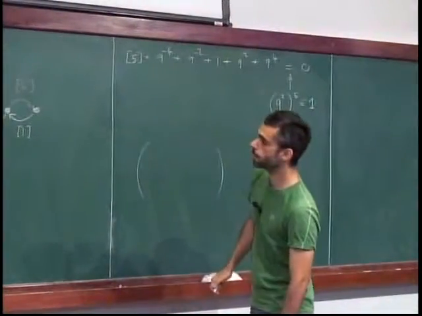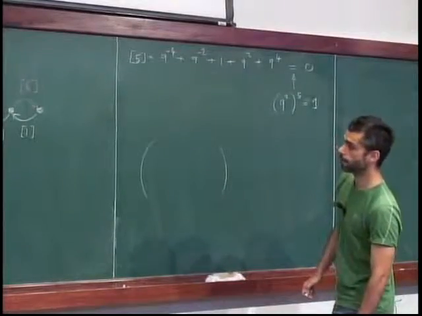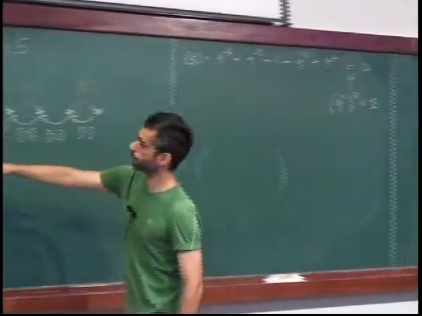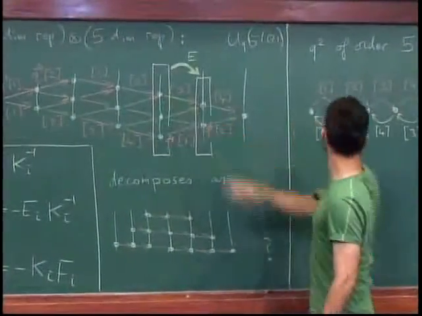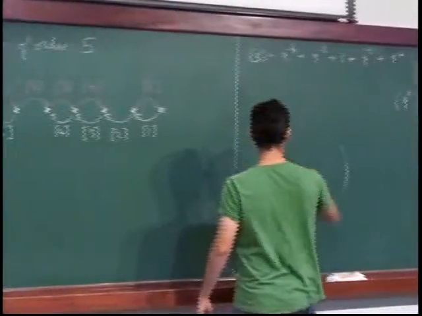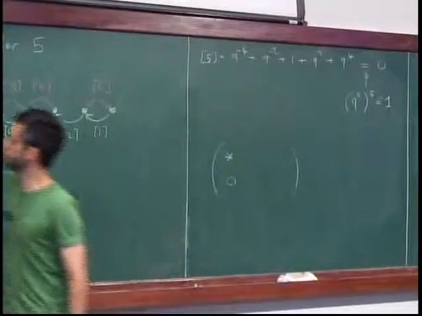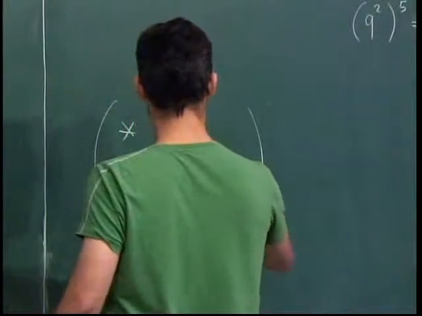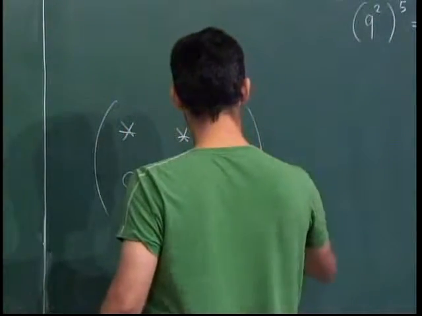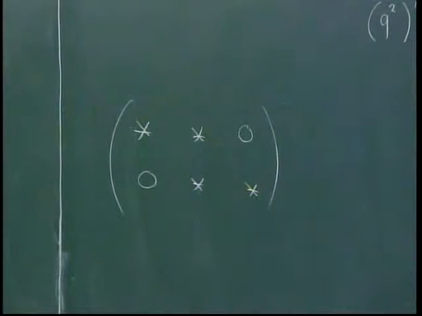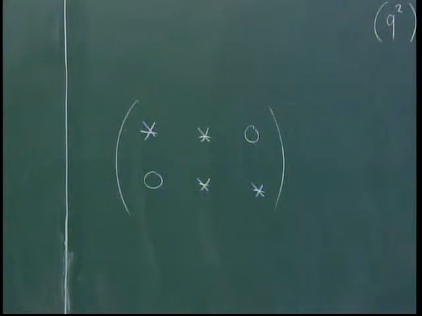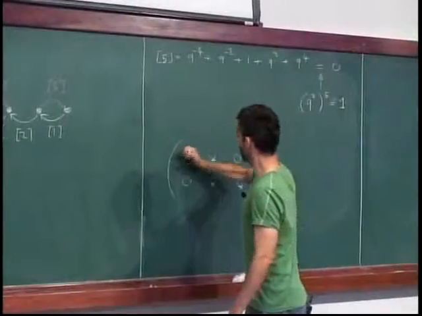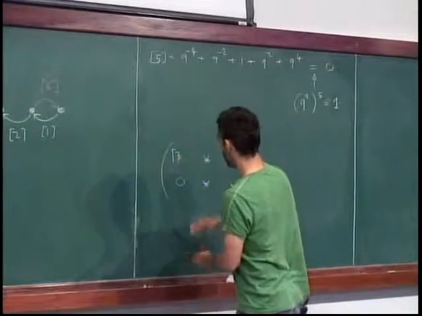So it's 3 by 2, and the first guy goes to the first guy, so there's an entry here and nothing there. This guy goes to a linear combination of the two, and this goes there. So let's see what are the actual constants. This is quantum 3.